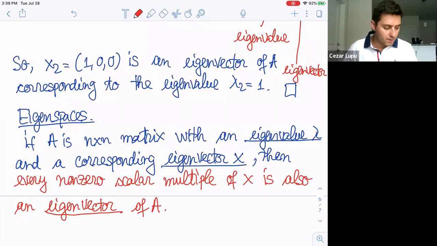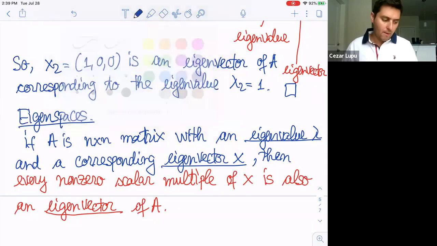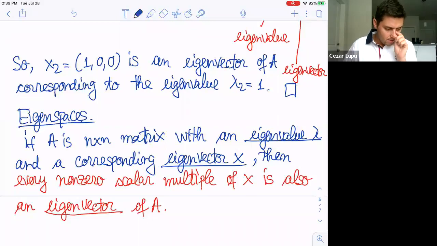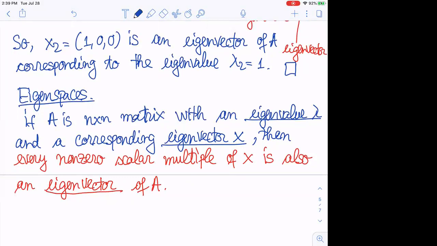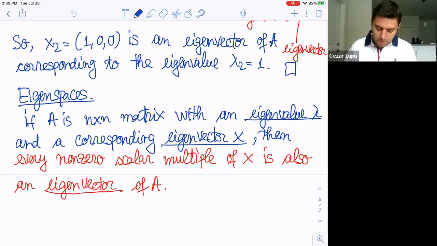So we have seen this. And now, okay, I don't want to get into the proof of this, but it's quite easy to see. But I want to mention the following.